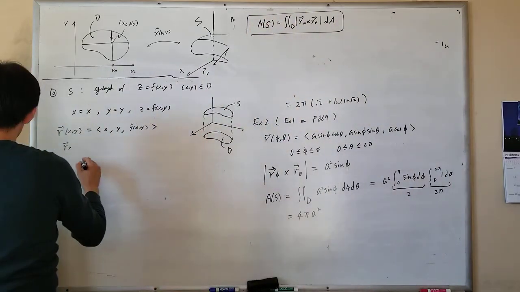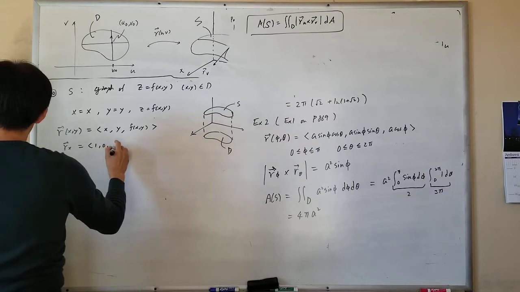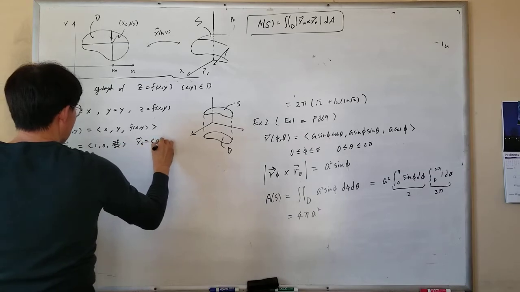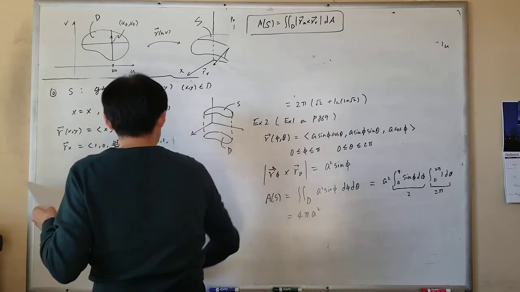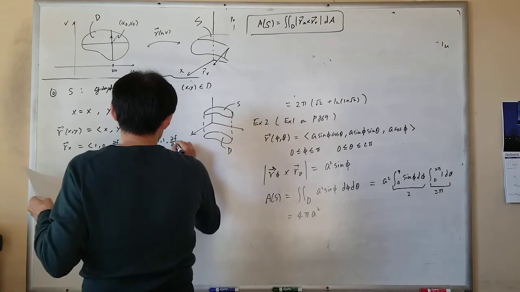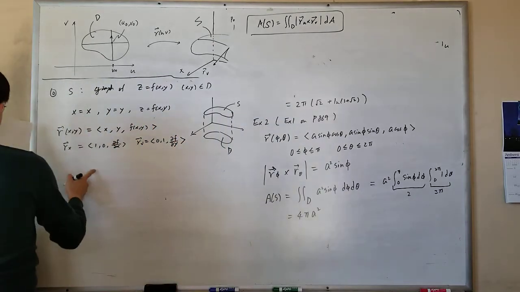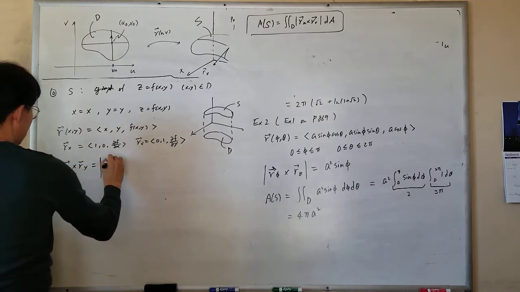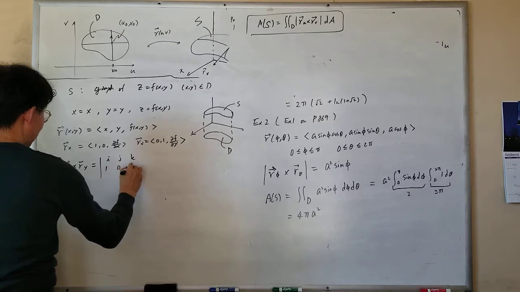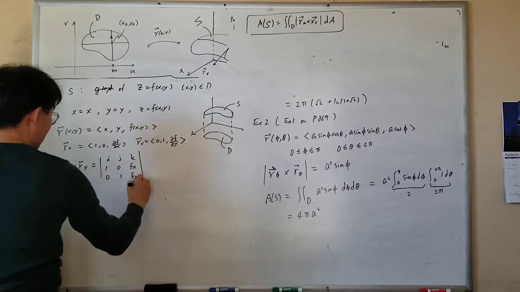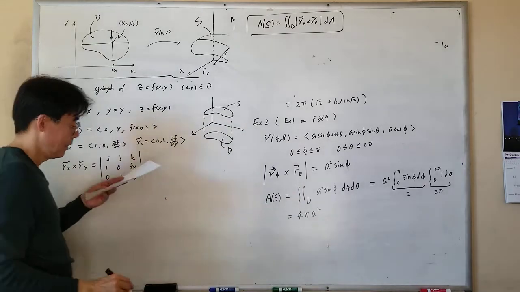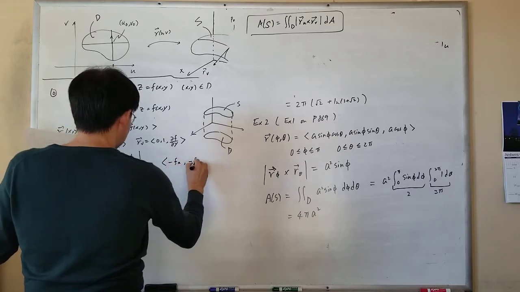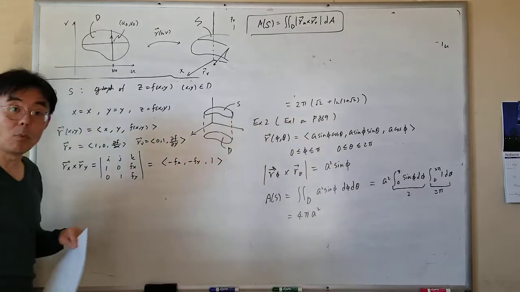So r sub x is 1, 0, f sub x, and r sub y is 0, 1, f sub y. The cross product, with i, j, k, 1, 0, f sub x, 0, 1, f sub y, gives minus f sub x, minus f sub y, and 1.